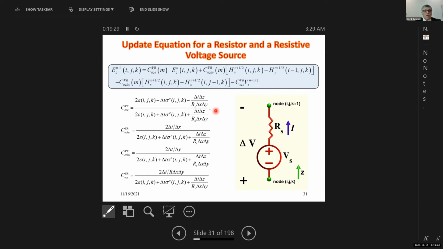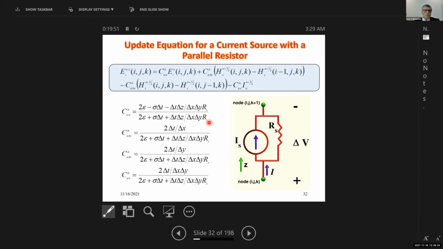The only difference is that the coefficient at the position between these two nodes is going to take this form rather than the previous form. So adding a voltage source with an internal resistance doesn't require any additional serious formulation other than having the coefficients at this position updated with those expressions.